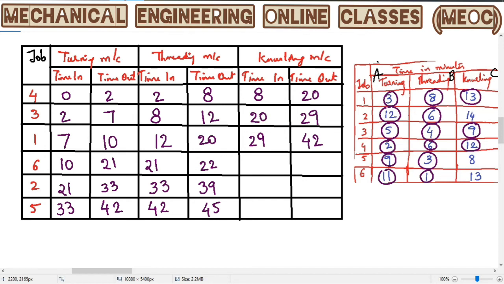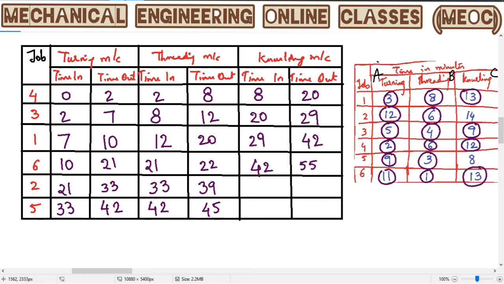Job 3 will be completed at 29 minutes, and after that job 1 will go, and it will take up to 42 minutes. So only after these 42 minutes can job 6 be taken on to the knurling machine. Okay, so the in time for job 6 is 42. How much time does it need on the knurling machine? 13. So 42 plus 13 is 55 minutes.